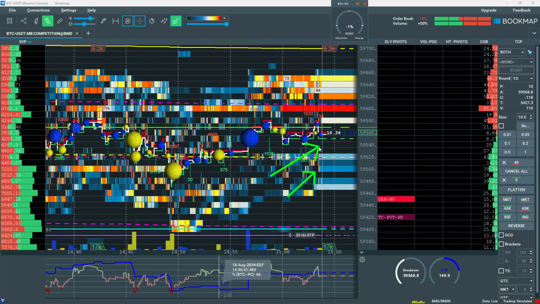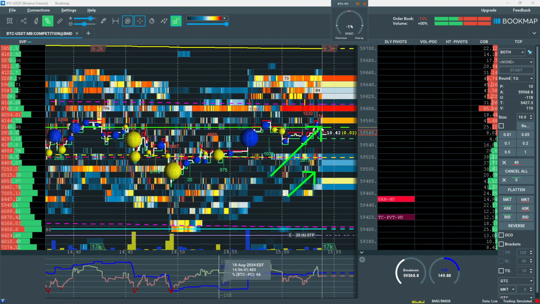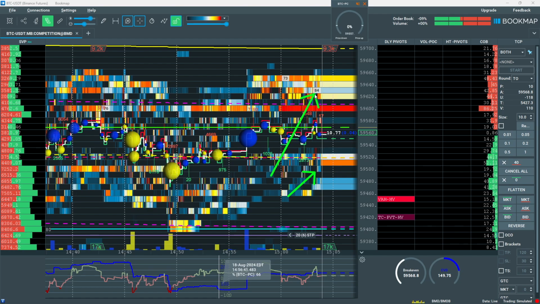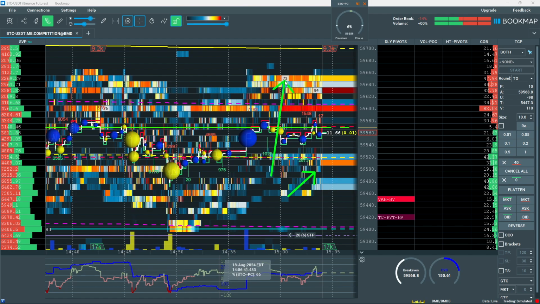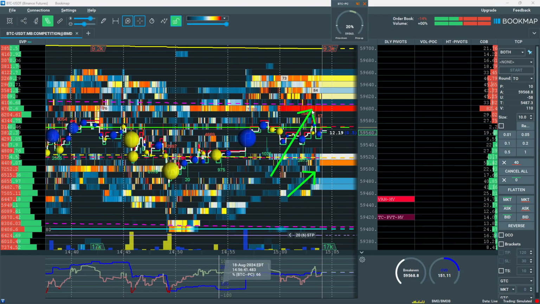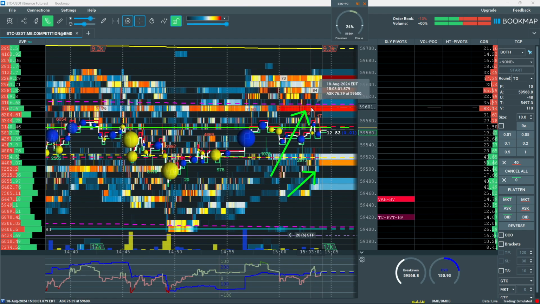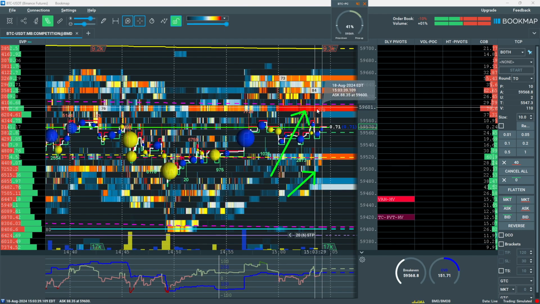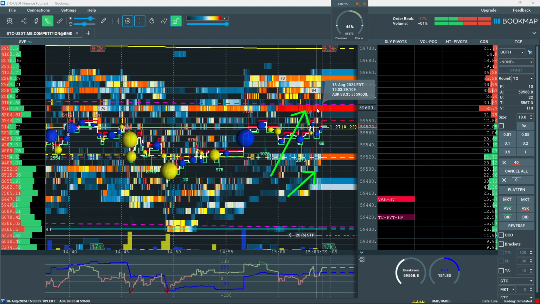So I want these guys to step up and start getting some big market orders going into these offers. We got 84, we got 73. What's the number on this? Let's see, we got 77 over here on the offer.